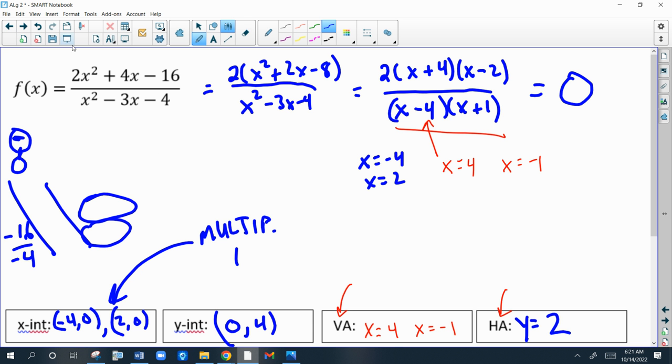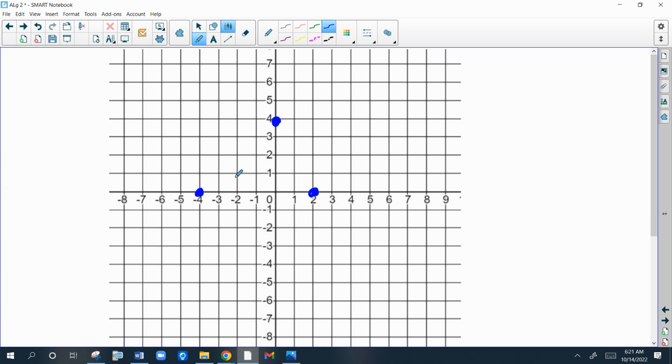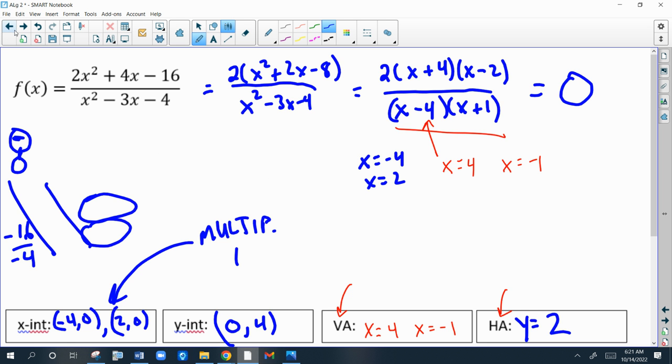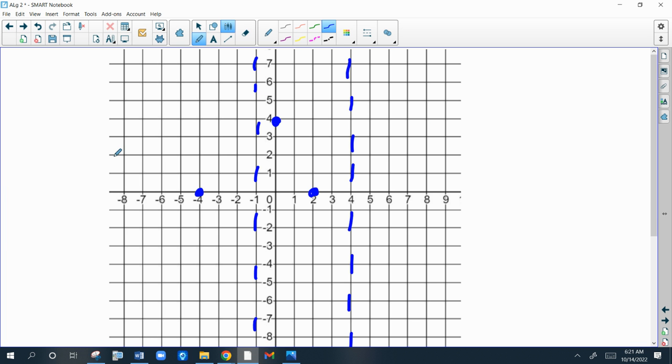The vertical asymptotes were x equals negative 1 and x equals 4. And finally, the horizontal asymptote was y equals 2. So now we're ready to at least start graphing this.